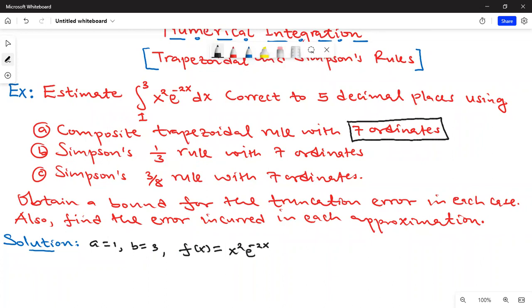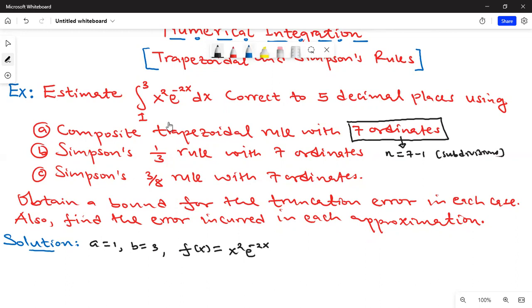I told you previously that the number of ordinates is 1 more than the number of subintervals. So 7 ordinates simply means that n will be 7 minus 1. n there means the number of subdivisions, or the number of strips.